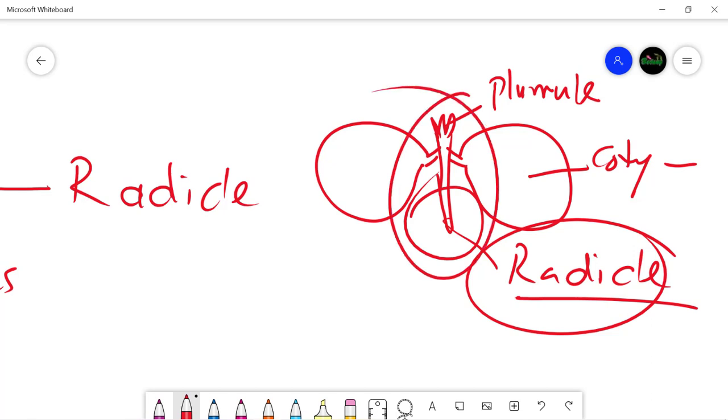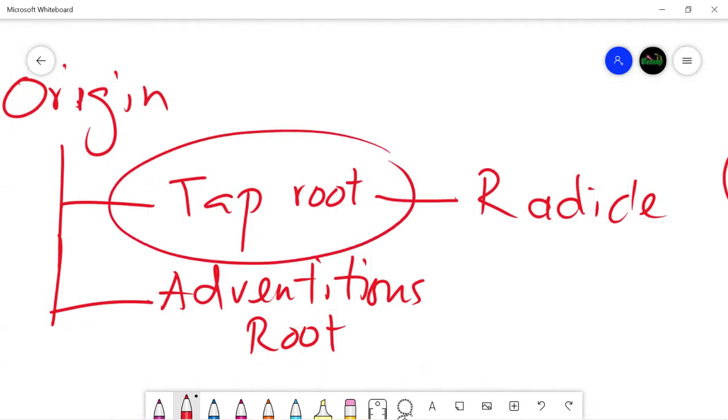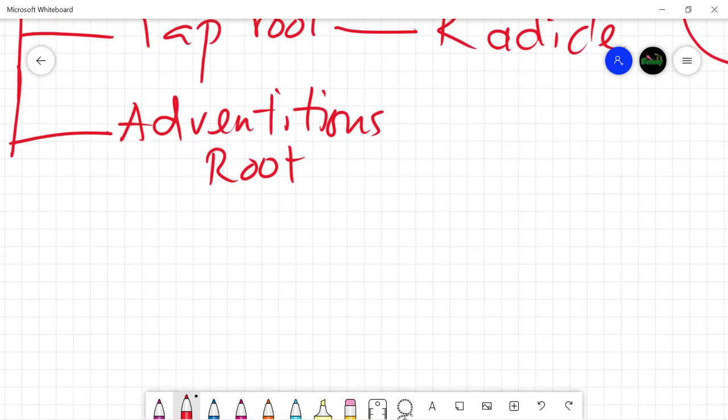So this is the embryo, the main axis of the seed, and this radicle grows downwards into the soil and forms the first root known as the taproot. So this is the normal root, and in most cases it persists and it is a permanent structure of the plant.